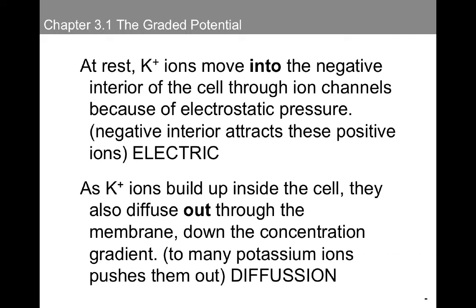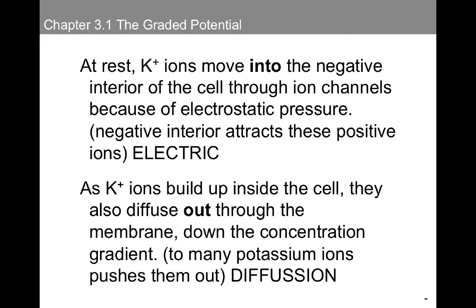At rest, potassium ions move into the negative interior of the cell through ion channels because of the electrostatic pressure. In other words, the negative interior of the neuron attracts the potassium ions. As potassium ions build up inside the cell, they also diffuse out through the membrane down their concentration gradients.